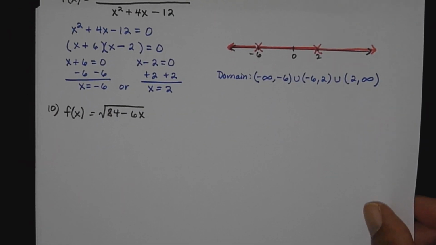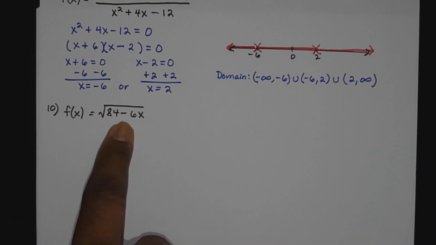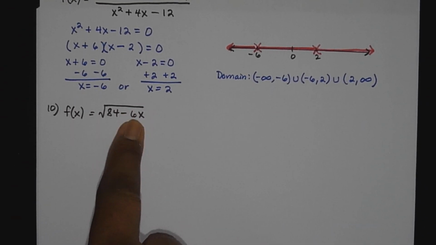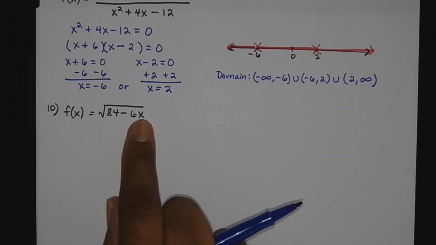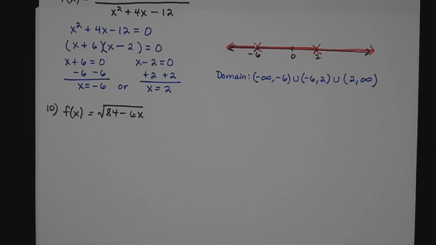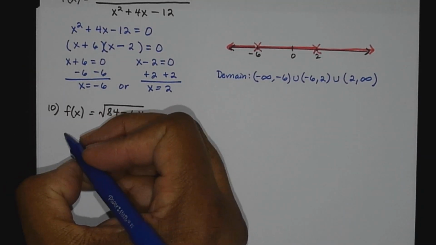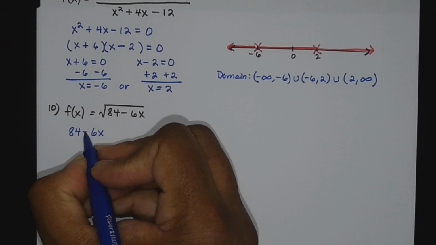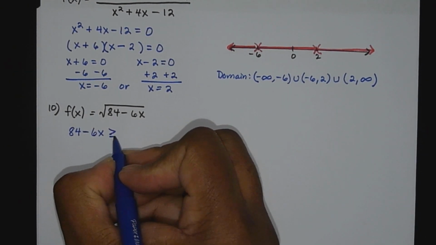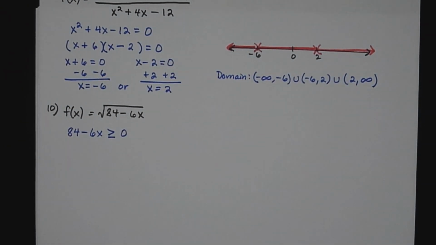Now with this one, you want to take what's underneath that radical, set it to be greater than or equal to 0, because you can only take the square root of a positive number, because we know we can't take the square root of a negative number. So I'm going to take that 84 minus 6x, set it to be greater than or equal to 0.